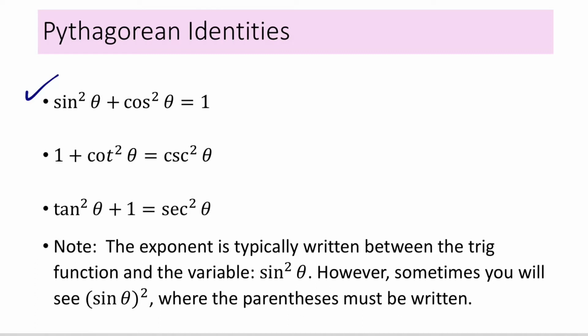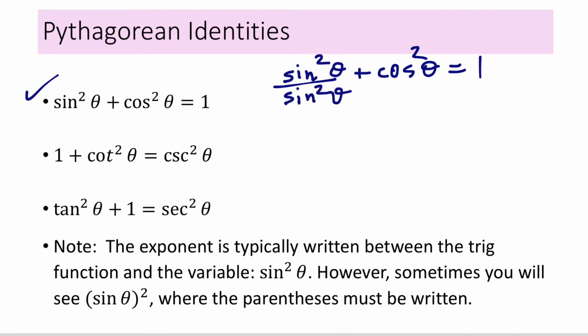Now let's work on the next one. If we have the sine squared of theta plus the cosine squared of theta is equal to 1, and I divide through on all three terms by the same thing, sine squared of theta, I'll get 1 here, and then on the second one I'll have the cosine divided by the sine, that whole quantity squared.